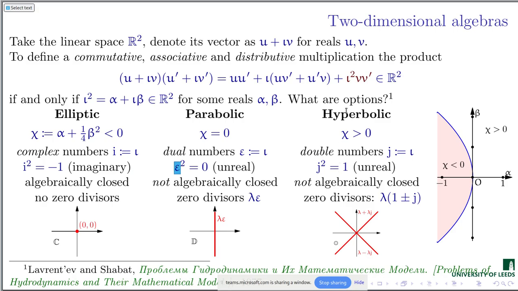And similarly, there is the hyperbolic situation where we have iota squared equal to 1. Again, it's not plus 1 and not minus 1, otherwise we would have a real number here. So it's something else whose square is 1, something non-real. Well, it may be that many of you see dual and double numbers for the first time.